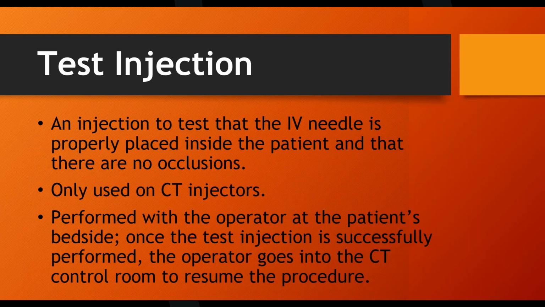That shows phase 1 now is going to be a test injection, and the operators can set this up, but it's typically going to be saline, and it's typically going to be obviously a very low flow rate and a relatively low volume, like 2 or 3 milliliters of fluid, not a whole lot. So before we go on to firing 150 milliliters of fluid in the patient, we're going to test and make sure we actually got the IV needle in the vein. So the very first shot is going to be a test injection.